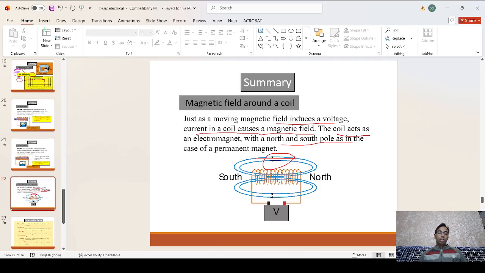So moving a magnetic field induces a voltage, and current in a coil causes a magnetic field. The coil acts as an electromagnet, with a north and south pole, like a permanent magnet.